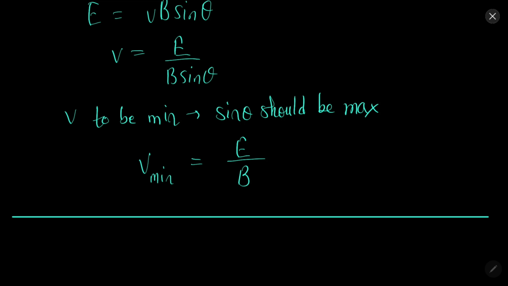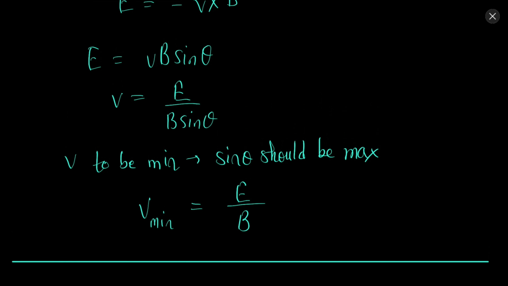So the particle must be projected at a minimum speed of E over B along the positive z axis. Theta is 90 degrees, because sin 90 is 1. So along the positive z axis, perpendicular to both, because E is in the x direction and B is in the y direction.